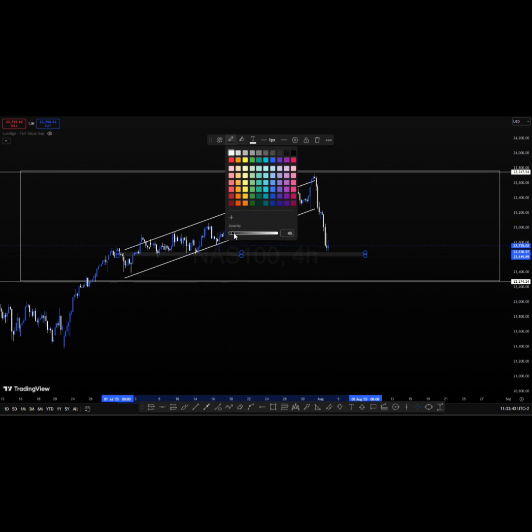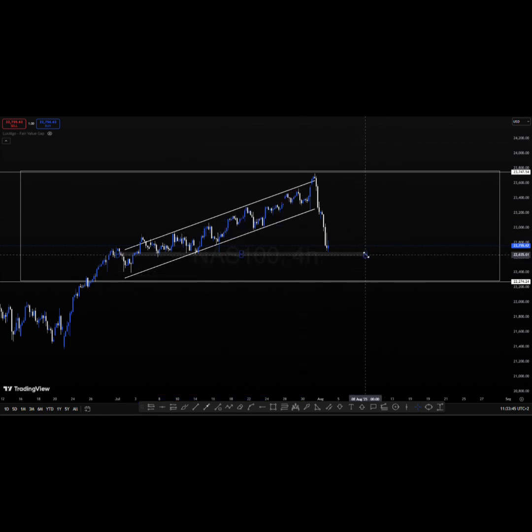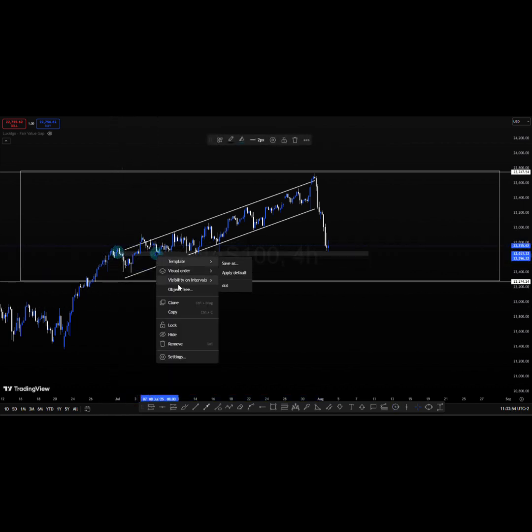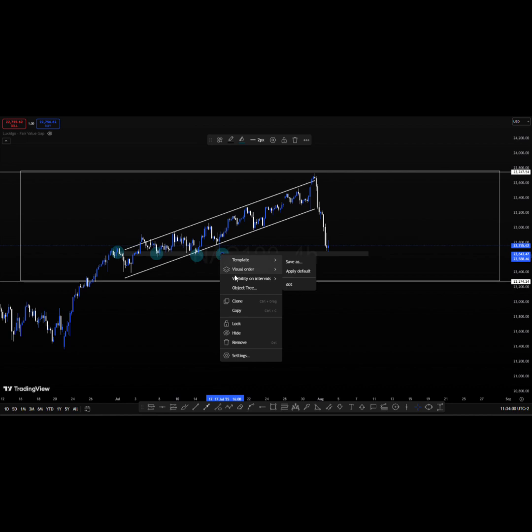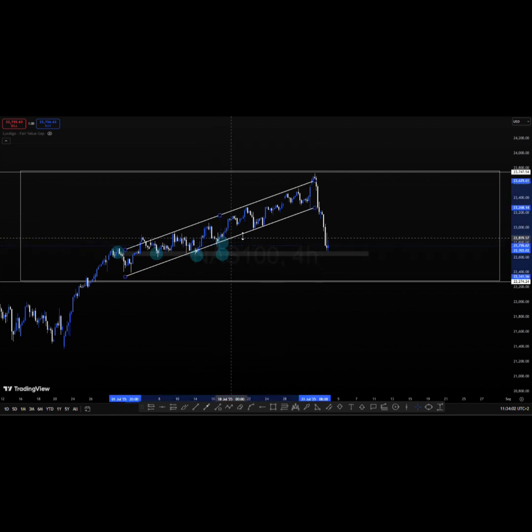This is also your key point level here, because at this particular level you have this touch, and some touches here, and here, and here.